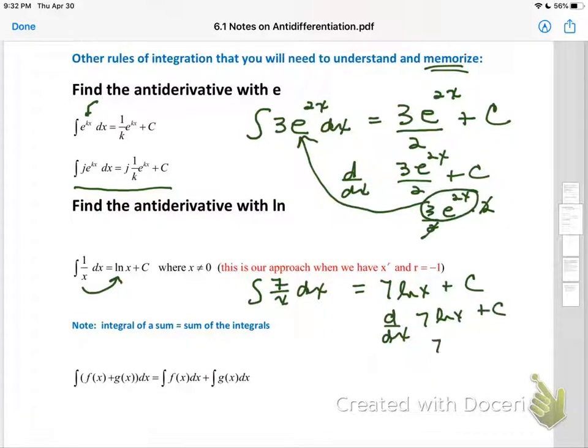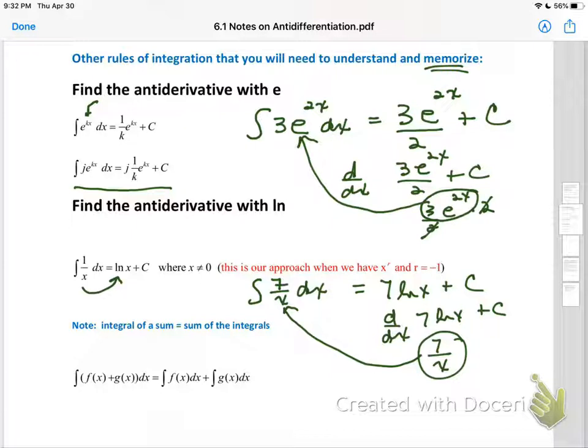That's going to be 7, and that derivative will be 1 over x, right? And then the derivative of a constant is just 0. So this derivative matches my integrand, and I know I understand what's going on.